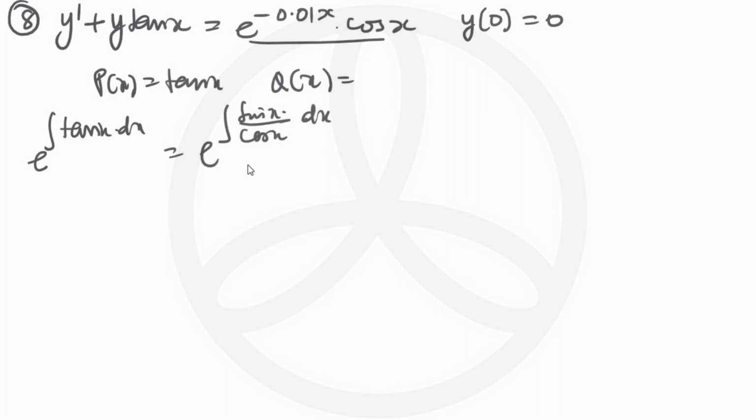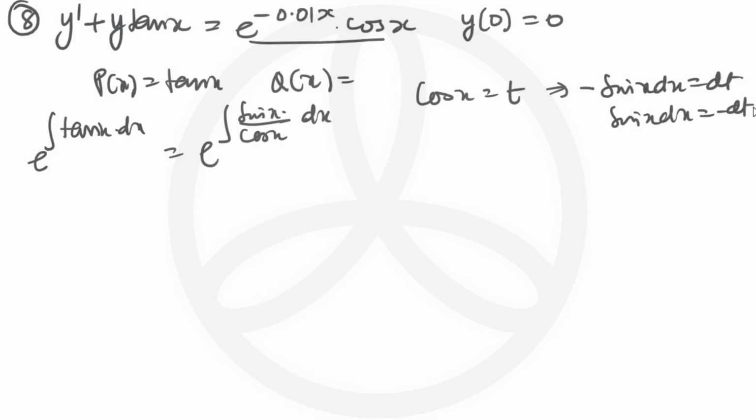Okay, and if you assume cos x is equal to t, this will give us minus sin x dx is equal to dt, or sin x dx is equal to minus dt. So we can replace it with e to the power minus dt, and in the denominator it will be t.